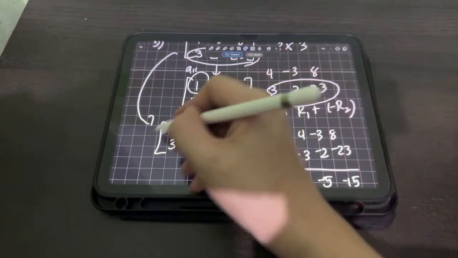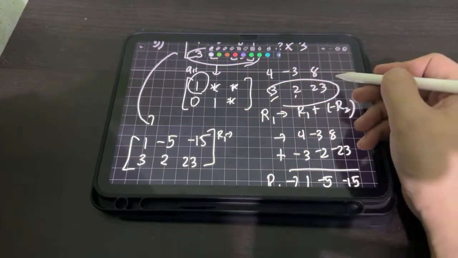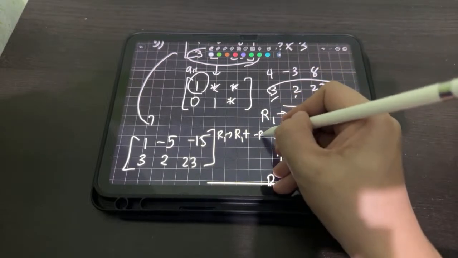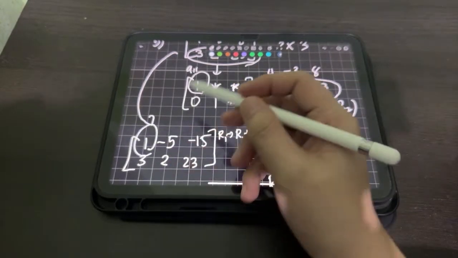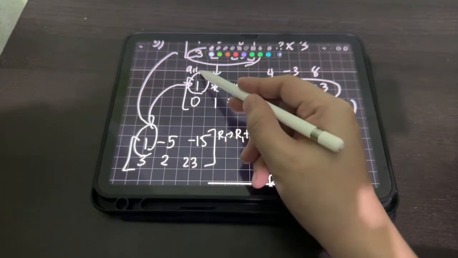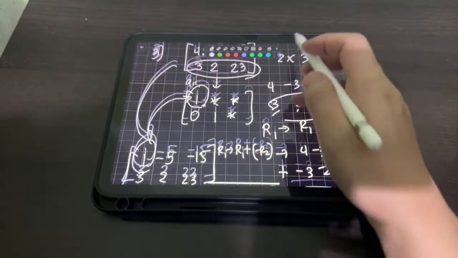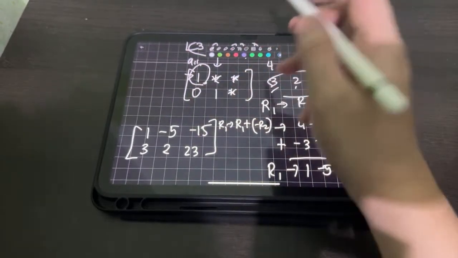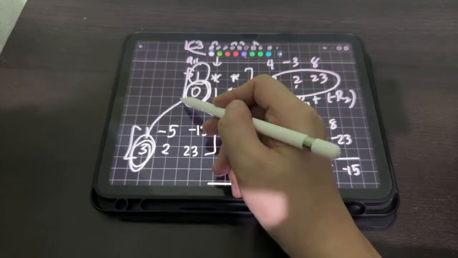The operation that we did here for R1 is R1 plus negative R2. Which is the goal? The first goal is to make this A11 entry from 4 become 1. Next, we try to make this entry equal to 0.